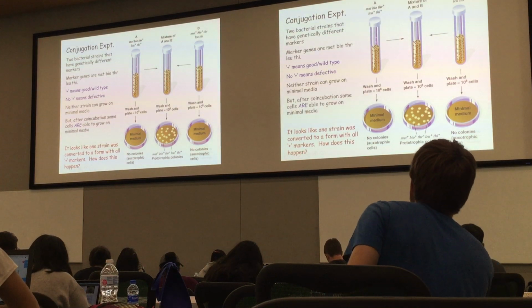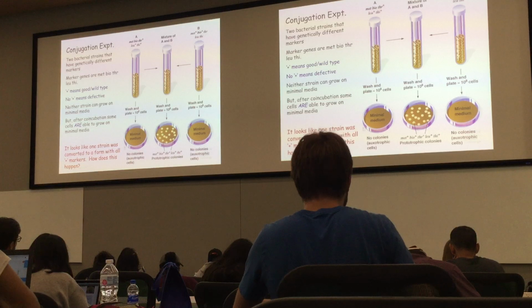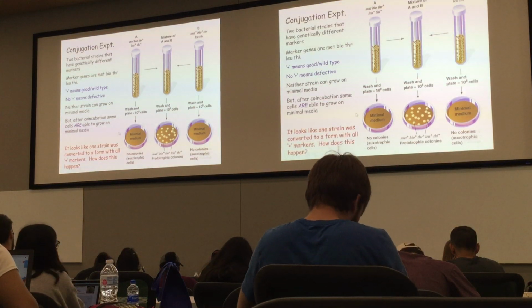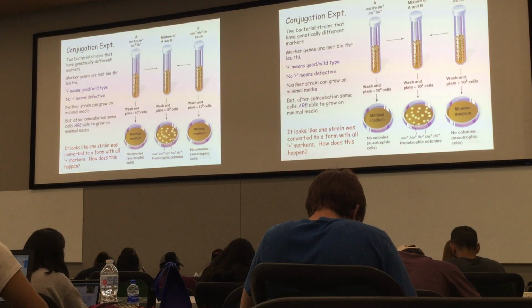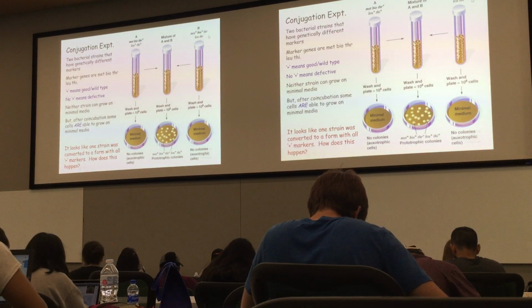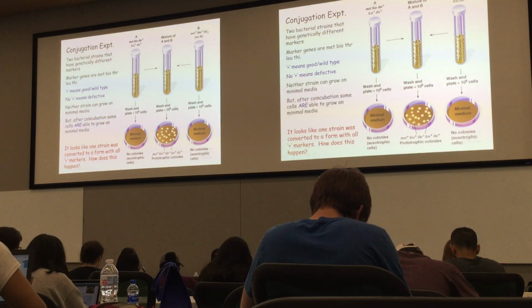So this one should not be able to grow on minimal media. If you took some out, plated it on agar plates that have minimal media, it won't grow because it can't make these two compounds or these two components. And this one, if you plate up minimal media, it won't grow either because it's defective for thr, leu, thi. Okay?